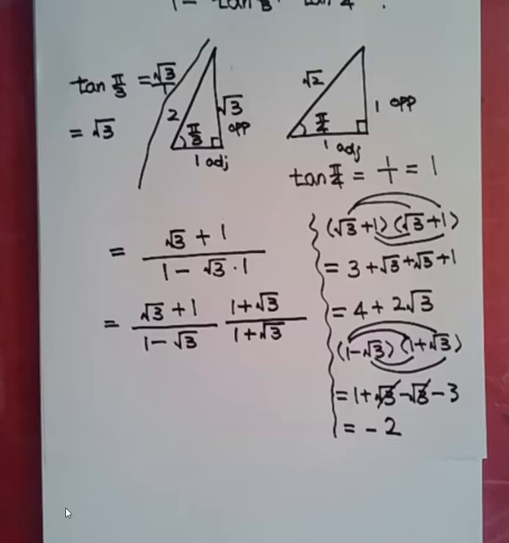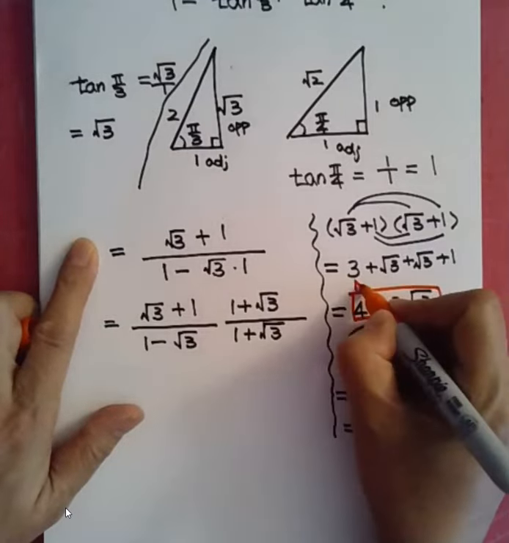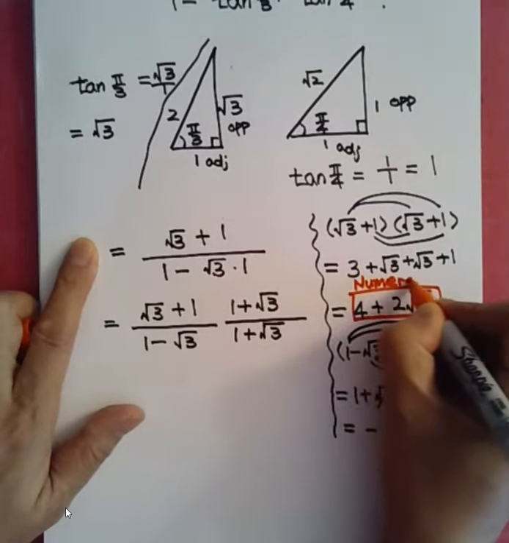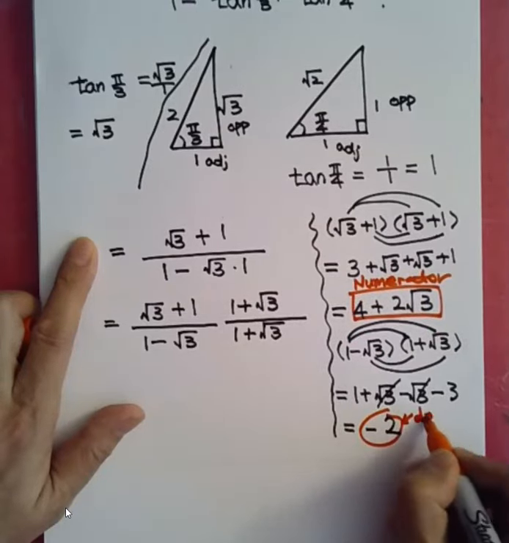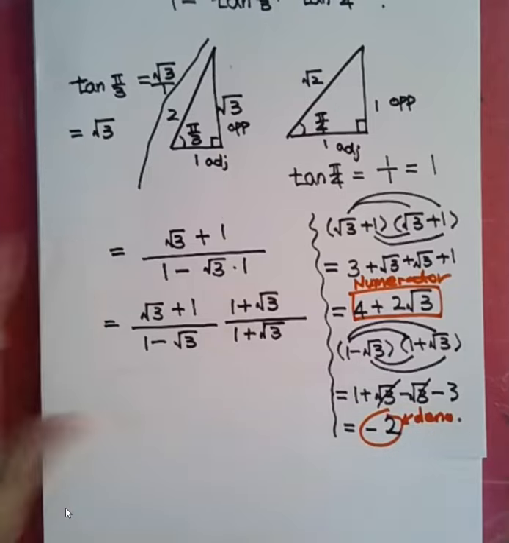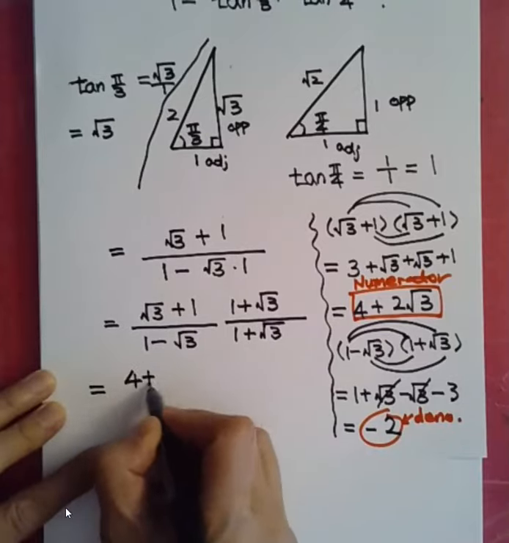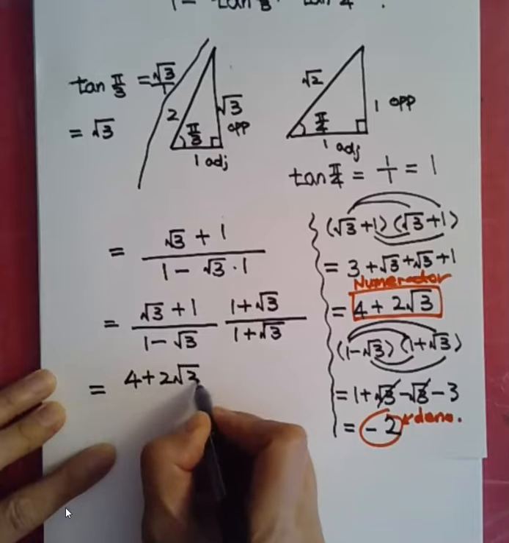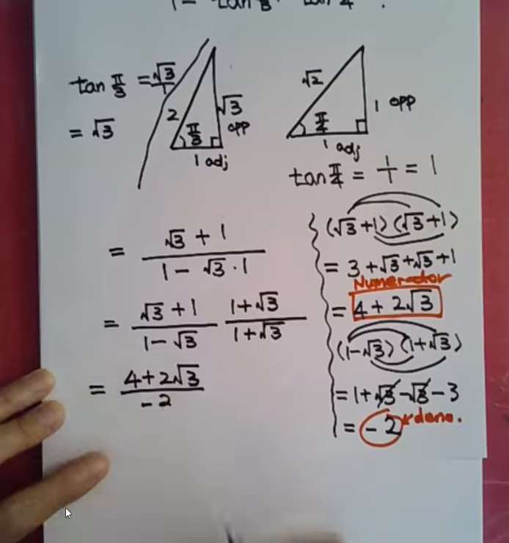So if we combine these two, this is the numerator, this is the denominator. So we can rewrite that as 4 plus 2 square root of 3 over minus 2.